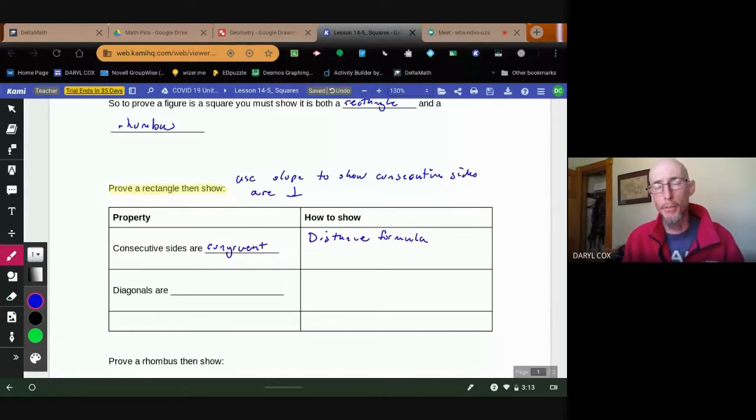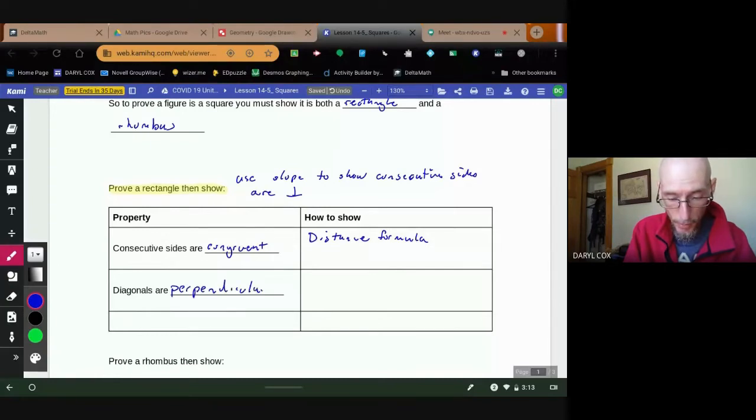What about the diagonals? What do you know about the diagonals of a rhombus, which would also be true in a square? The diagonals are perpendicular. Since the diagonals are perpendicular, what formula would I use to show that? Good, I would use my slope formula.